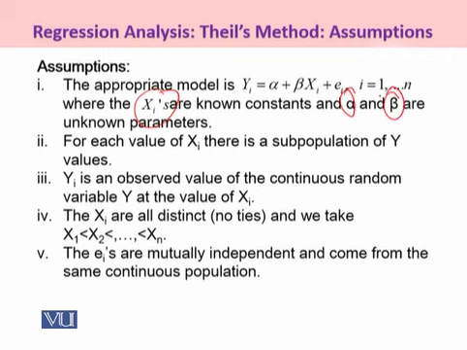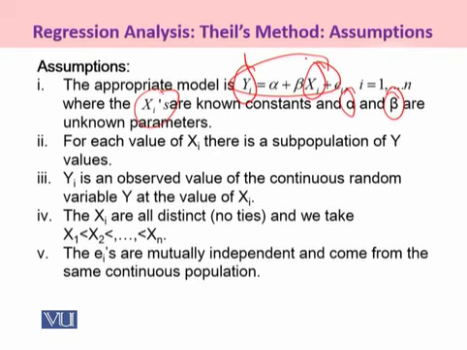Students, actually these are the population parameters, that is, the parameters of the population regression model yi equal to alpha plus beta xi plus epsilon i. Unless you estimate these parameters, you cannot predict yi on the basis of xi.